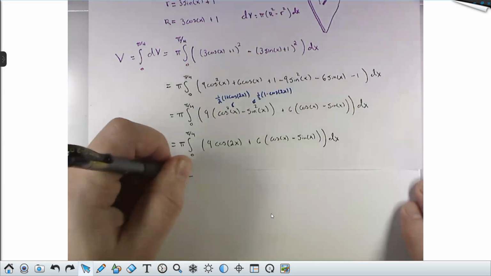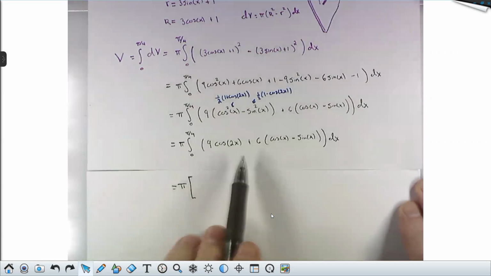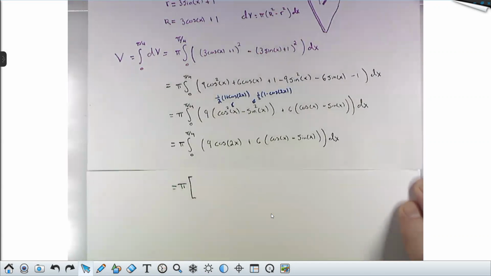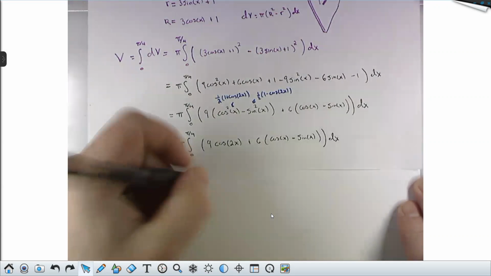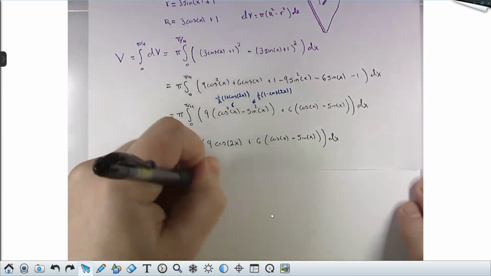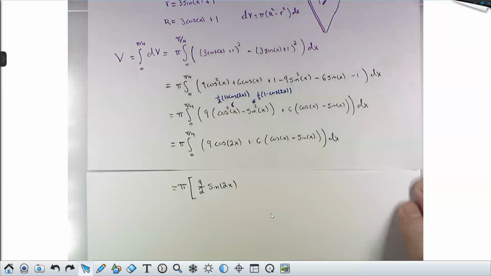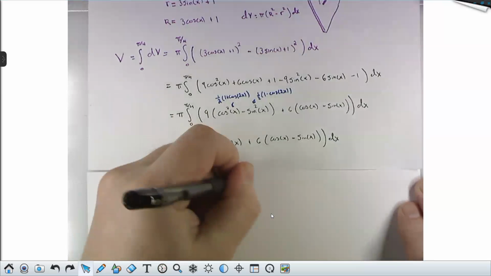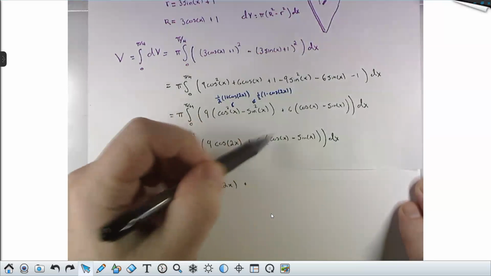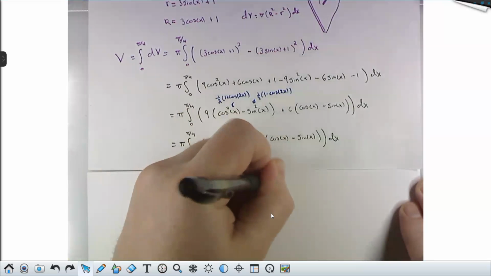At this stage, I know how to take the antiderivative of everything in here. Cosine of 2x, that antiderivative is sine 2x over 2, or 1/2 sine 2x. I'll write this as 9/2 sine 2x, plus 6 times the antiderivative for cosine, which is sine.